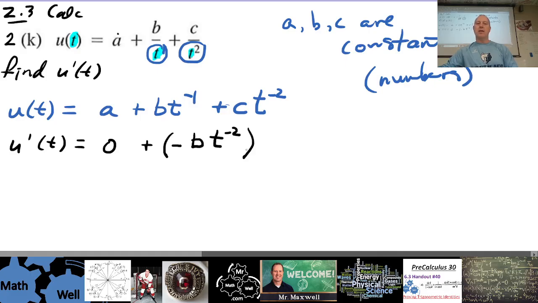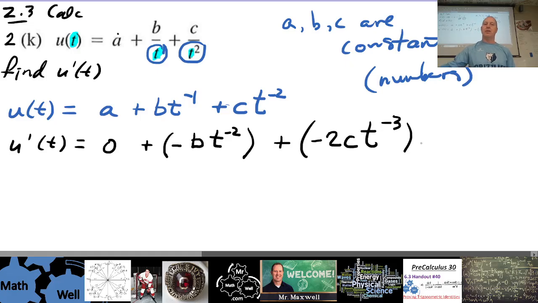You still subtract 1 from the exponent when you're taking the derivative. Okay, very good. Now that's looking kind of funny, right? It's all right. This is the process. Stick with it. So now I add this term, and the derivative of this term is going to be negative 2c times t to the power of negative 3. Very good. Okay, you guys are awesome.